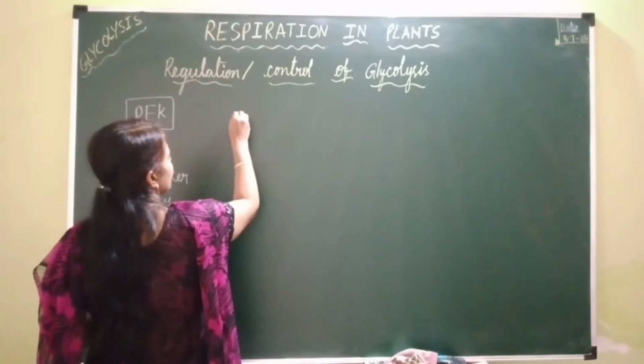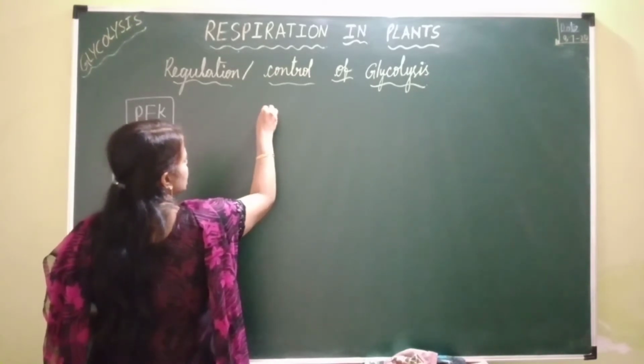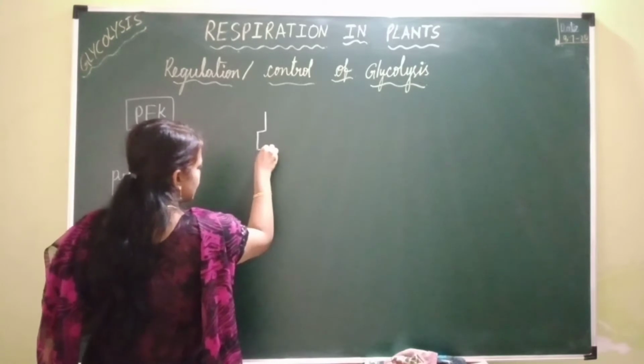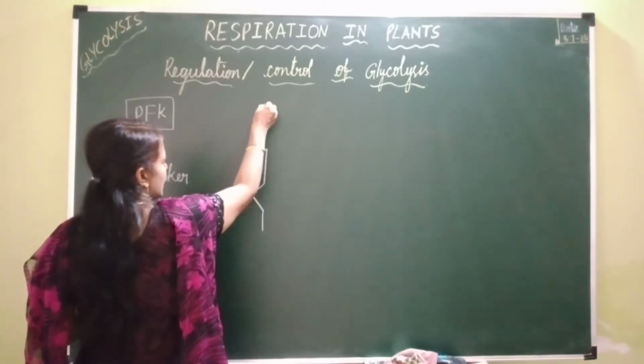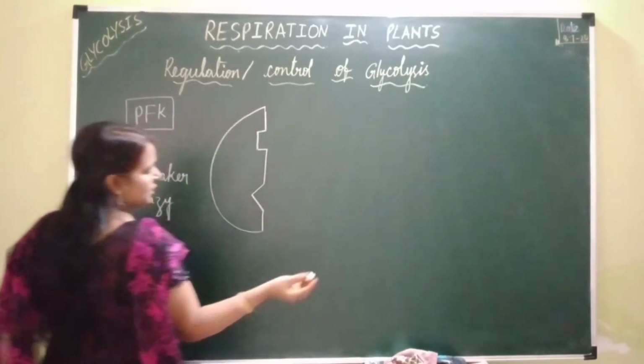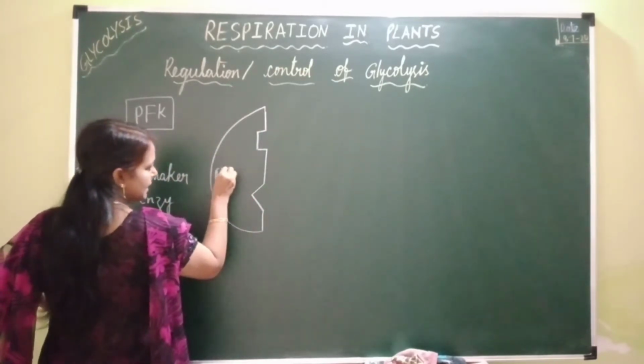So this enzyme consists of two sites. They are the regulatory site and the substrate binding site. This is the phosphofructokinase enzyme.